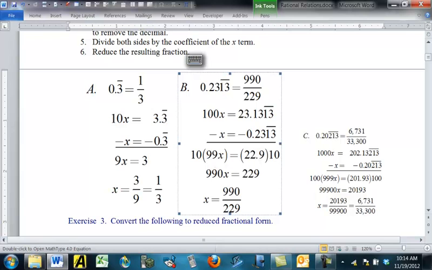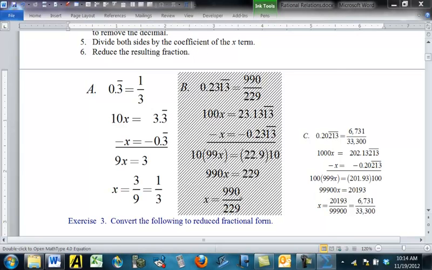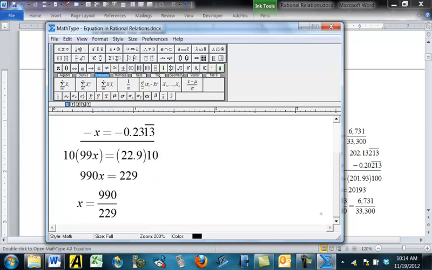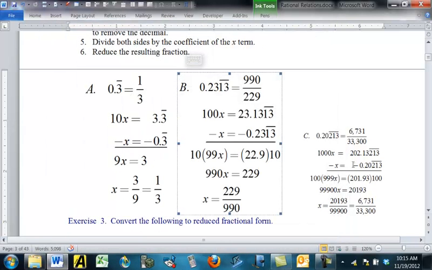Of course, that's going to multiply this by 10 as well. Now divide by the coefficient of x, and there's our fraction. What? That's upside down. That one should be on the top. This one should be on the bottom. And I don't think that reduces, so there's your answer.